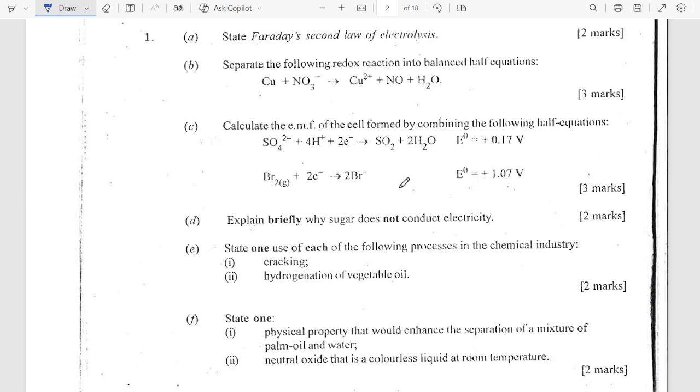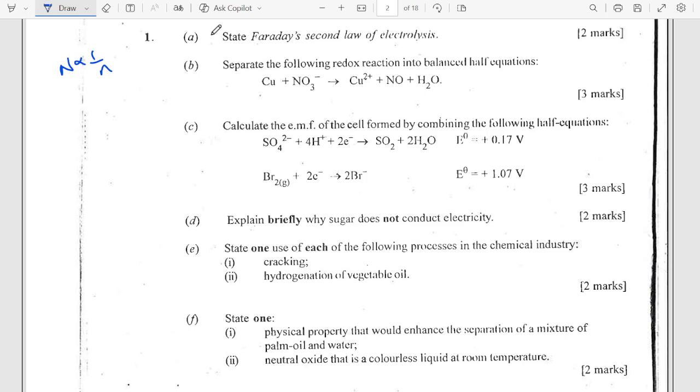Now, Faraday's second law of electrolysis states that if the same quantity of electricity is passing through different electrolytes, then the number of moles of substance deposited is inversely proportional to the number of electrons.